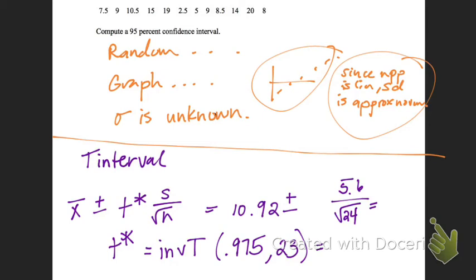Then my interval, I got 8.5527 to 13.281. For my t star, I got 2.069.